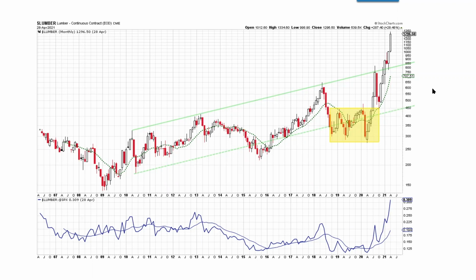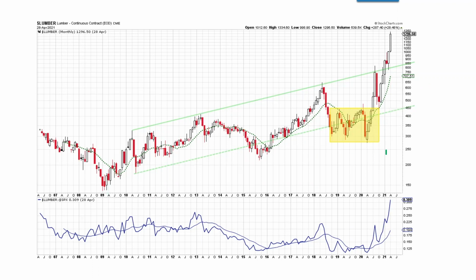So here is a long-term uptrending chart of lumber. Now, I know very few people trade lumber. It's a very thin market. I just want to show this to you because I think it could be telling about other inflation markets also. And so here you can see this long-term trend back to 09.